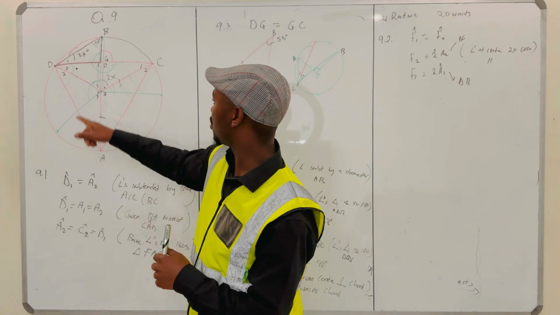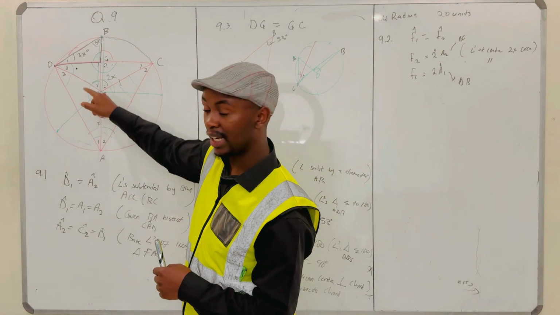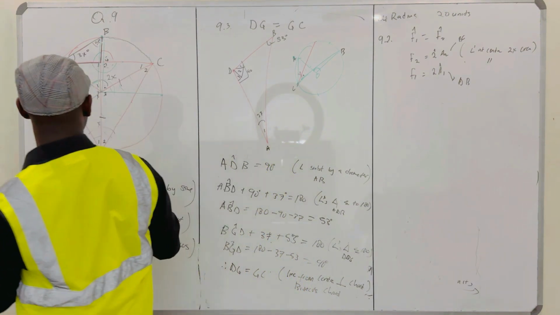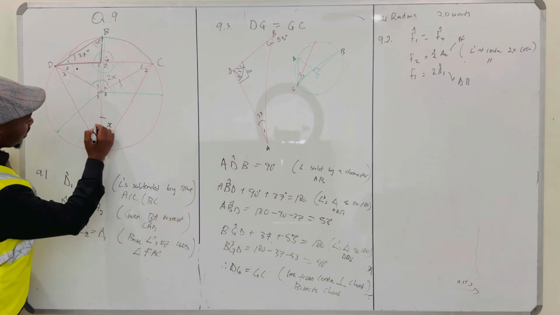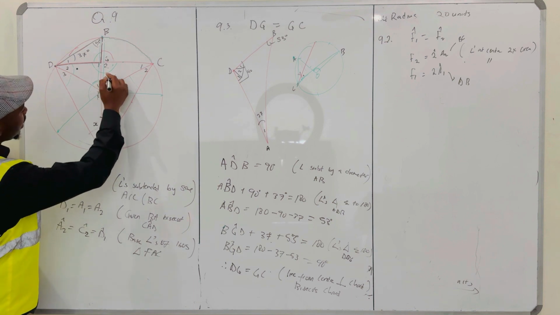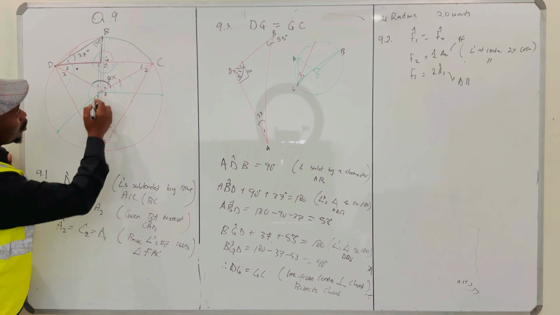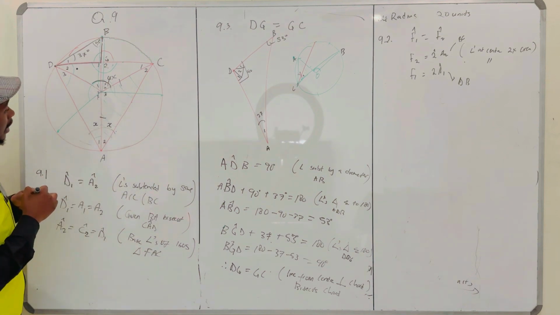Now our goal will be to prove that this is angle X and this one is also angle X. How do we do that? If this is angle X, this is angle X, then the whole of this angle is equal to 4x. So we need to prove that this one is equal to 2x, right?